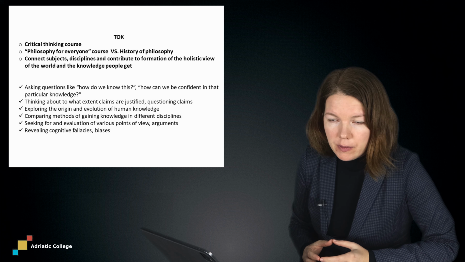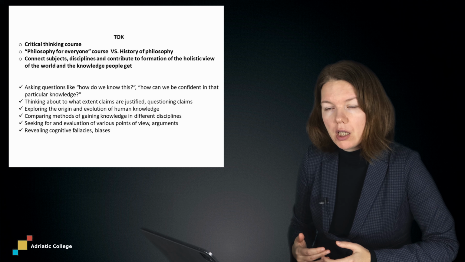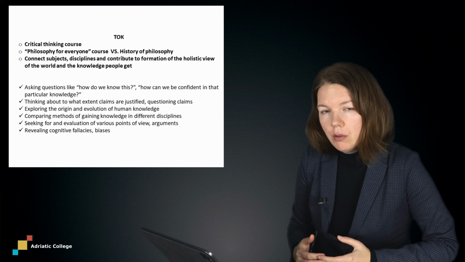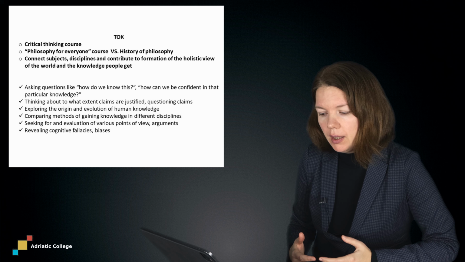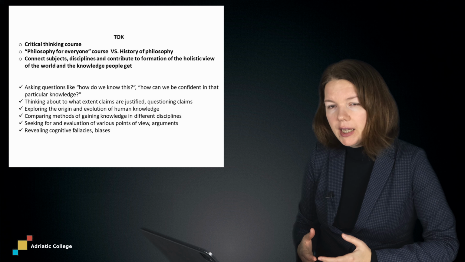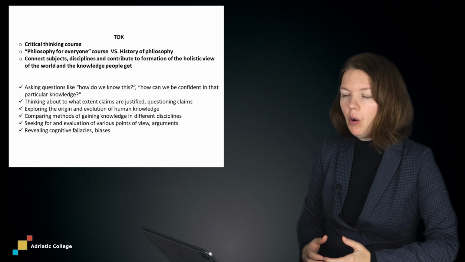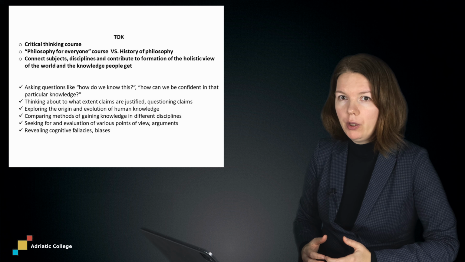How is it achieved? It's achieved by consistent addressing the questions like, how do we know that? To what extent can we be certain in this particular knowledge? All in all, this course invites students to think about how justified all our knowledge claims are.